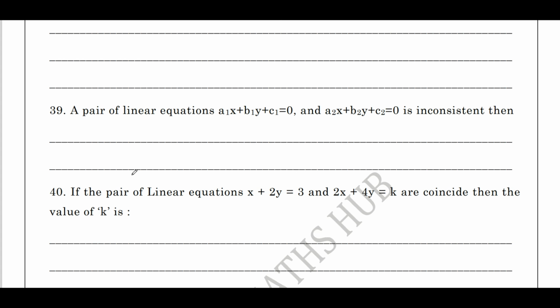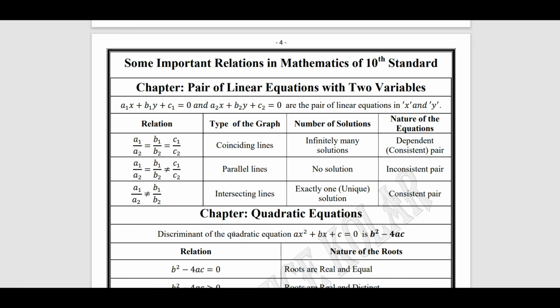A pair of linear equations a1x plus b1y plus c1 equals 0 and a2x plus b2y plus c2 equals 0 is inconsistent, then students, you can check out here. If a1 by a2 equals b1 by b2 equals c1 by c2, that means coincident lines, there are infinitely many solutions, they are a dependent or consistent pair.